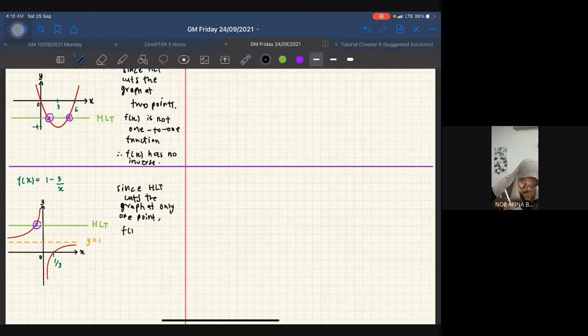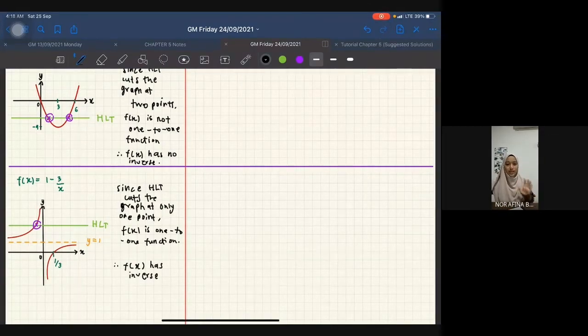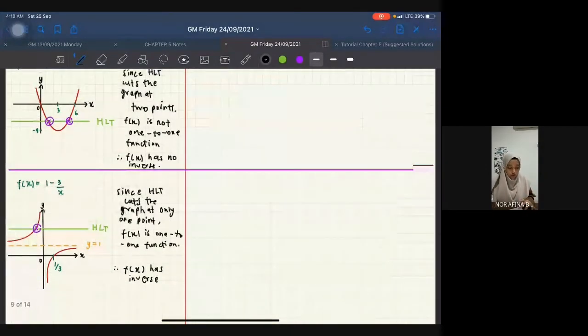Fx is one-to-one function. Okay, so maksudnya Fx has inverse. Like that. Masya Allah, tulisan, sorry. Okay, saya harap awak faham. Okay, so maksudnya kat sini Fx kita ada inverse. Okay, so kita dah guna graphical method.